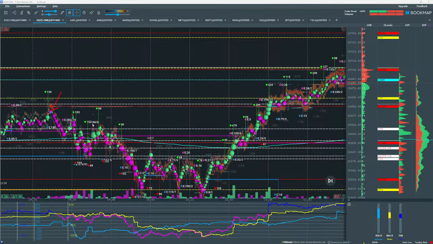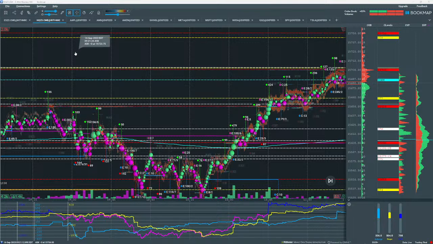Resistance and a shift in order flow before the cash open. Then a pullback and a short right at the cash open as traders were taking negative delta positions. Here's your triple bottom here, right around 10 to 10:20.